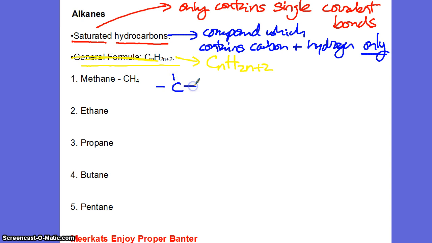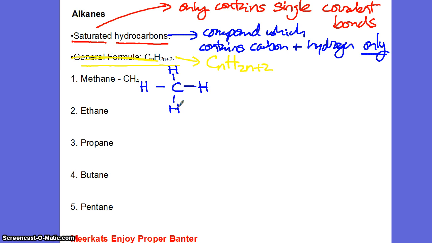So carbon forms 4 covalent bonds, and those 4 bonds go to hydrogen. Hydrogen only forms 1 covalent bond because hydrogen only has 1 electron in its outer shell, and in that inner shell it only needs 2 electrons to be full. So there's methane, the gas which comes out of gas taps and comes out of your kitchen hob.